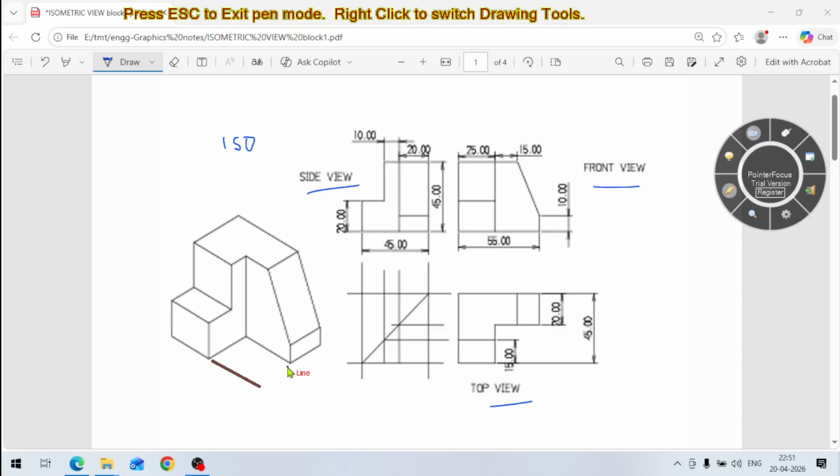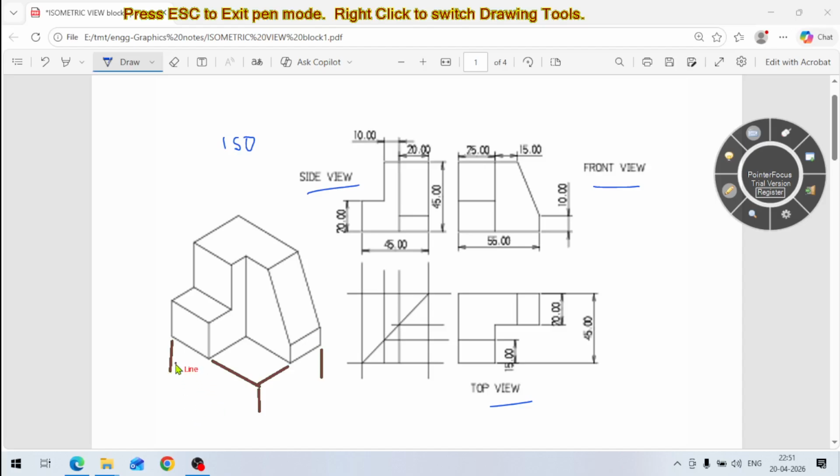Then this line, then one vertical line like this, a vertical line from here also, and from here also.